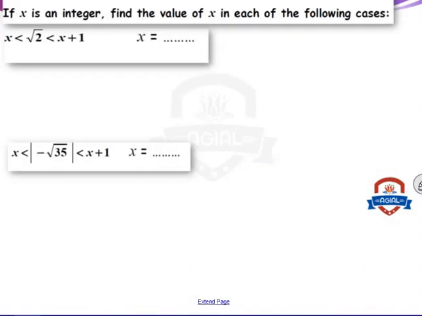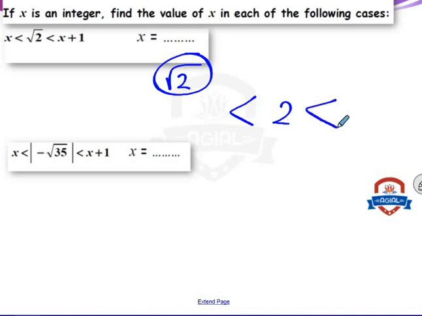The next question. If x is an integer, find the value of x in each of the following cases. If I need to find the square root of 2 between what and what? Here we have the number 2 between two square roots of numbers, the square roots of 1 and 4.